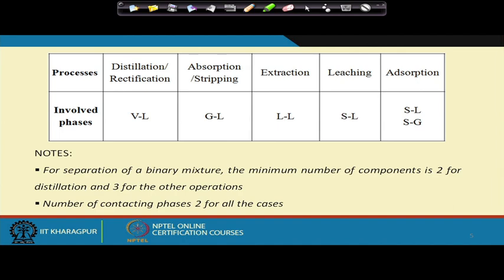For distillation or rectification, it is the vapor and liquid phase of the same components. In absorption or stripping, it is a gas phase and a liquid phase. In extraction, it is the two immiscible liquid phases. In leaching, it is a solid and a liquid phase. In adsorption, it is either a solid liquid or a solid gas phase.